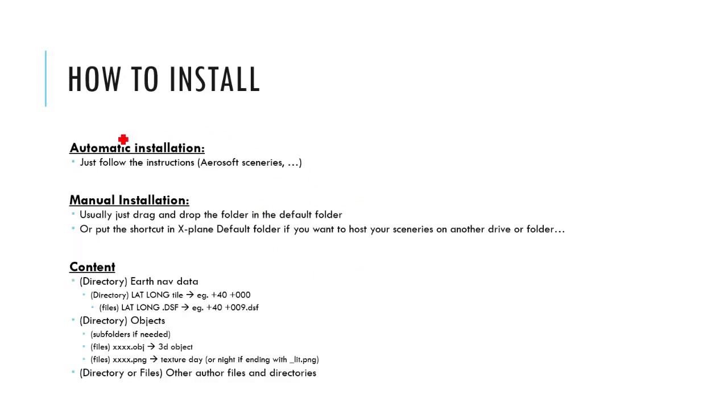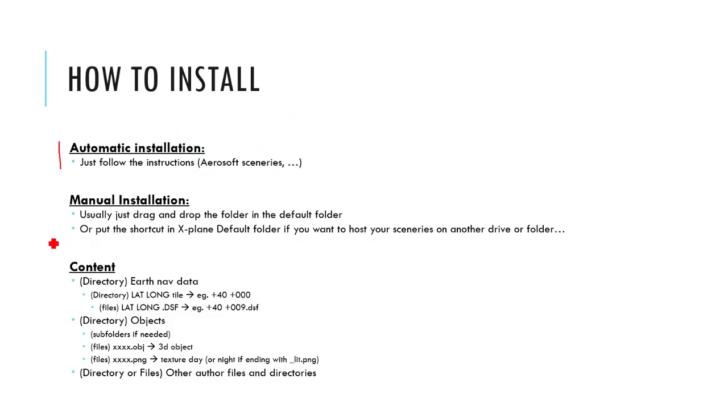How to install? Some come with automatic installation, so for those you don't really need to care about this. Manual installation usually asks for airplanes. This is not really difficult. What you really need to do is drag and drop the folder into the default custom scenery folder that we've seen before.